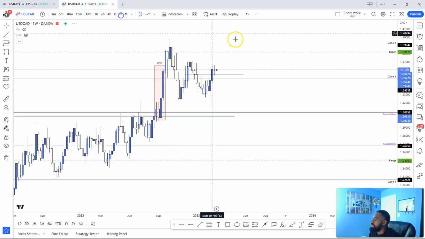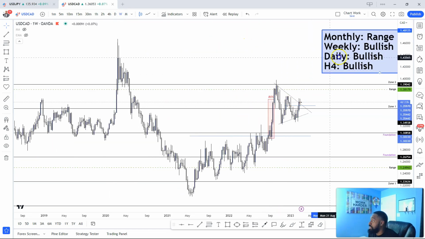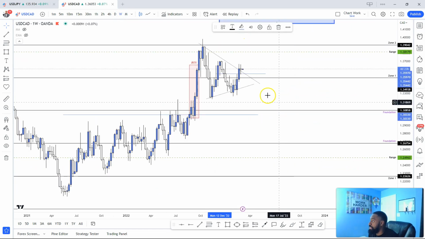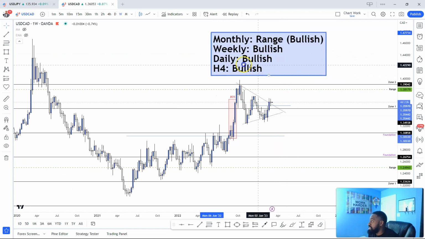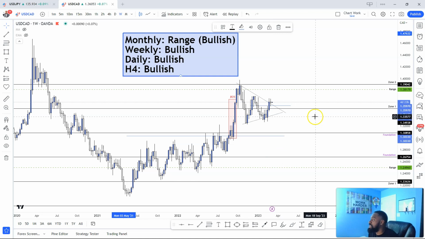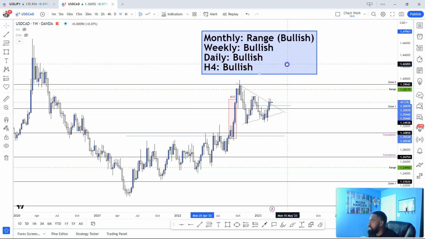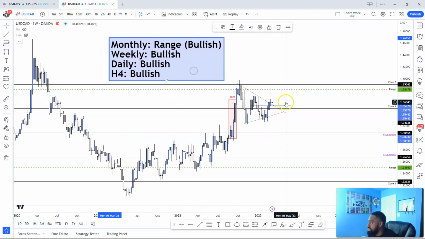Let's go to the weekly. The weekly, we still got this, I wouldn't call it a symmetrical triangle. It's a triangle. I would consider it a flagpole. Some people would say it would be different, but in my eyes, this is a continuation pattern.